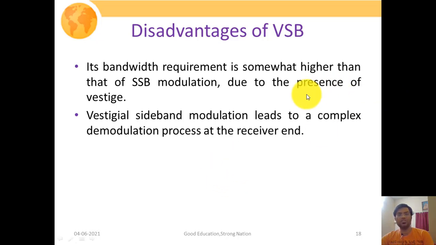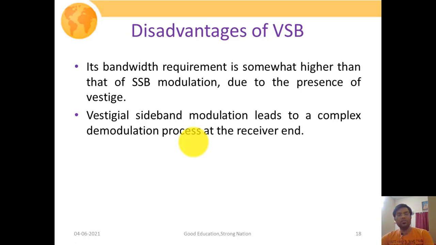That is why the bandwidth requirement is higher in comparison to SSB. Vestigial sideband modulation also leads to a complex demodulation process at the receiving end, since a specific filter is required. We have already studied the complexity and mathematical analysis of the filter.